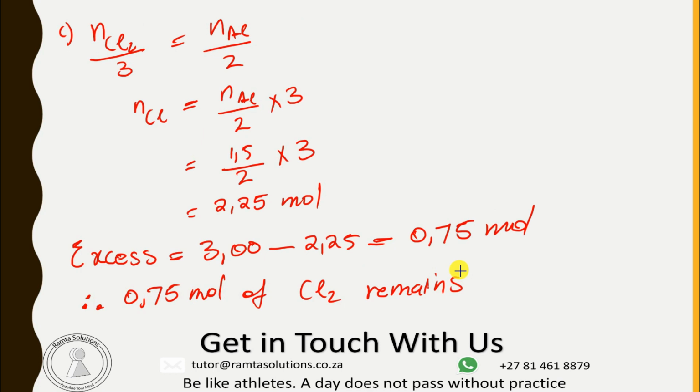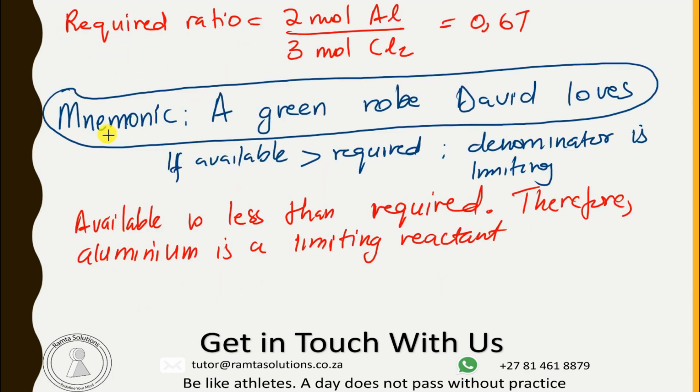Okay? So this is how you go about your calculation of limiting reactants. Remember, guys, the important thing is to know the mnemonic: a green robe David loves, which basically says if available is greater than required, denominator is limiting.